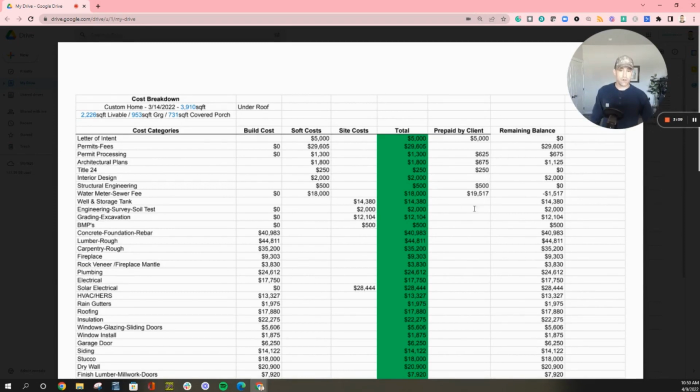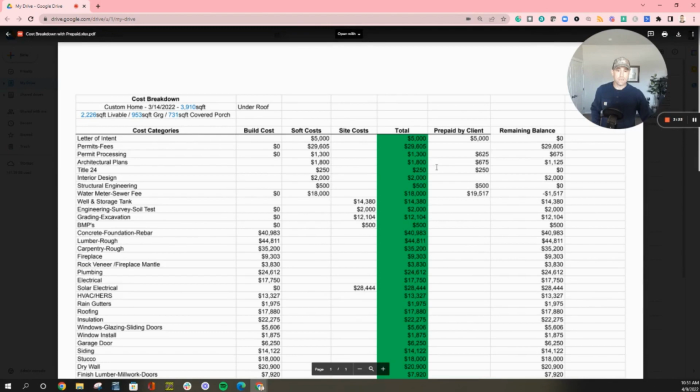What is helpful to the lender in this lender cost breakdown is that you break out the build costs, soft costs, and site costs. They honestly don't care too much about these three columns. They care about this green column, and they care about the prepaid. This helps us in our mind to break out how our costs are breaking down as far as the project.